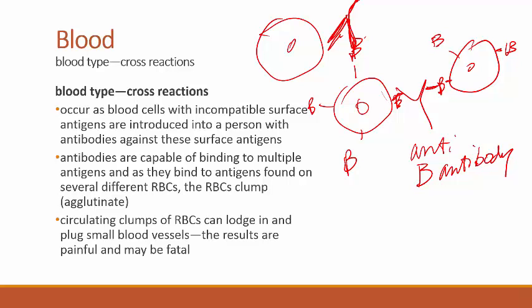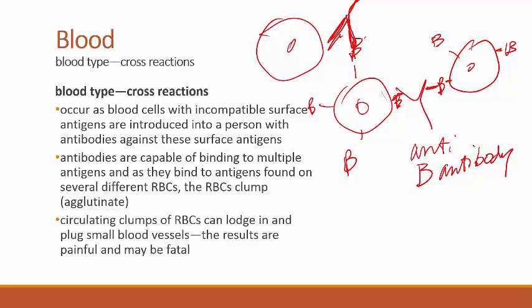Pretty soon you have this great big cluster of all wrapped together red blood cells, and that's going to cause some problems in the person's body, not the least of which would be sort of a massive coagulation event.